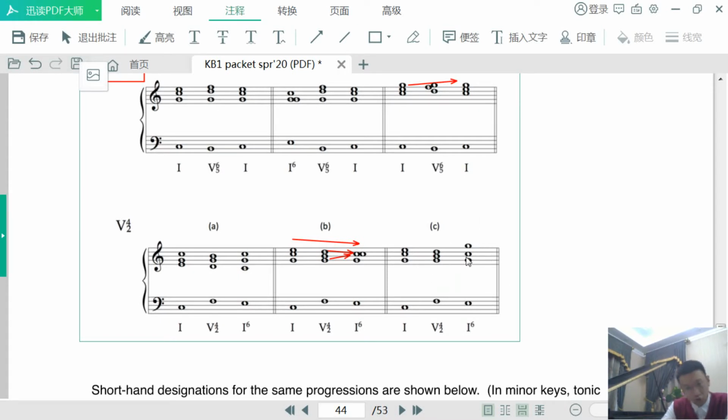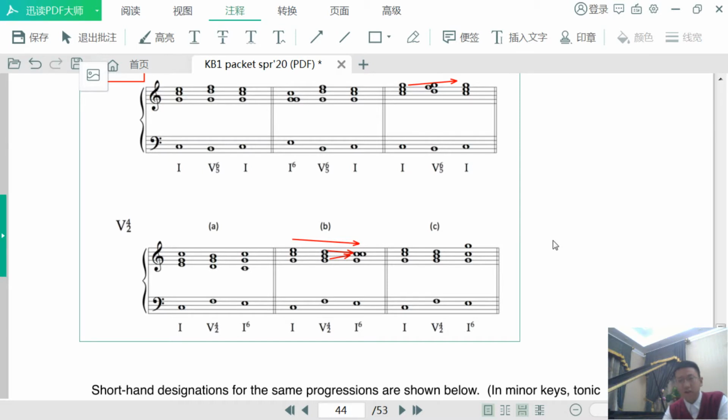They don't follow the rule like section C. So let me play this progression for you. Can anybody tell me what's the difference between this progression and parts A and B we just taught a minute ago?